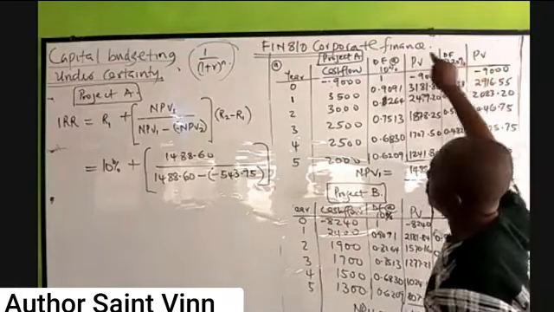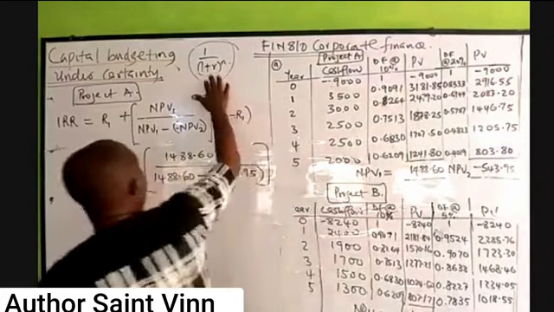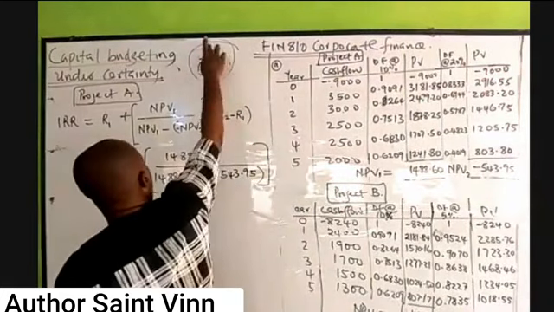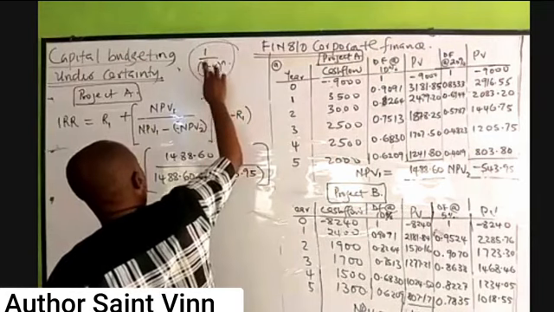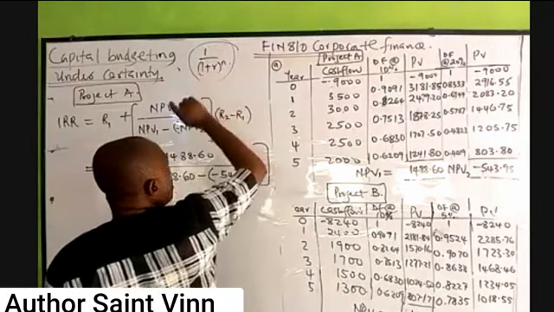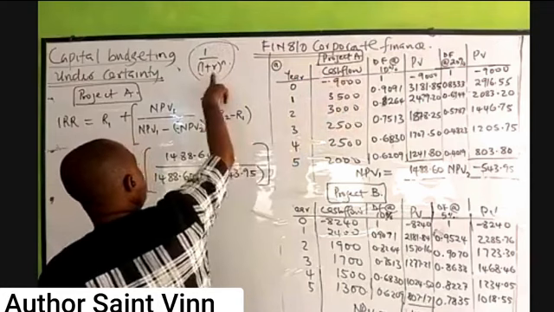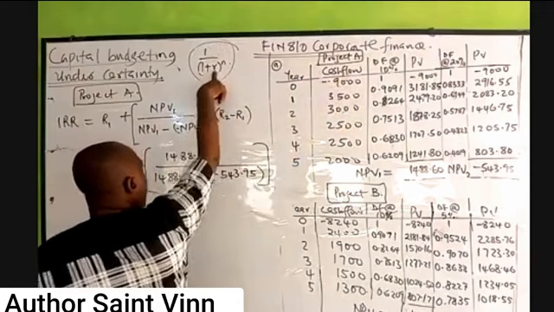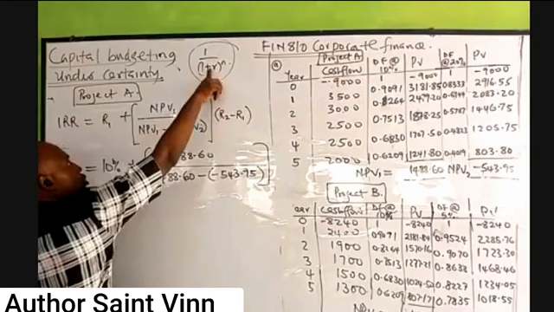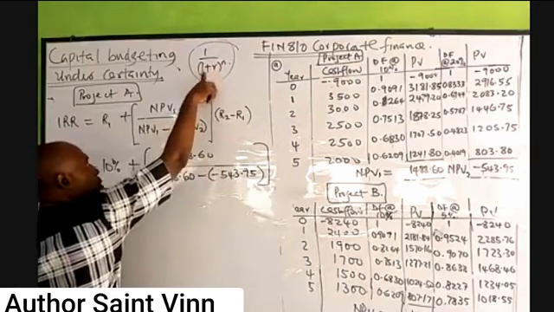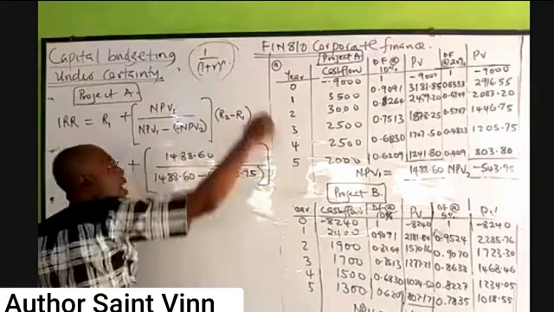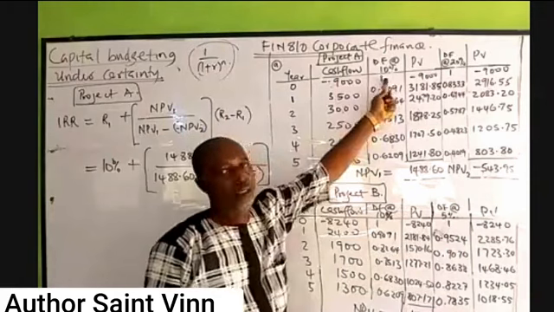Now, see the formula here. There is a discount factor, 1 over 1 plus R raised to power n. For 10%, R will be 0.1, so 1 plus 0.1 will be 1.1, raised to power 0, which will give us 1, and 1 over 1 gives us this 1.